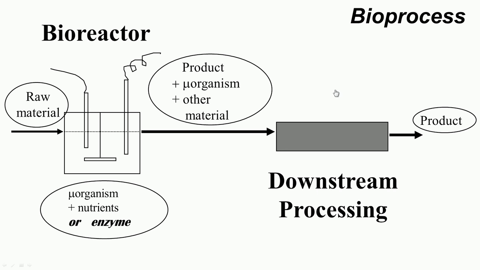The bioprocess produces a lot of useful substances, and in the bioreactor the cells used are typically the bacteria we talked about, the fungal cells, maybe mammalian cells. They are used to produce products, and in the bioreactor the cells are subjected to shear. That is the next part of the story.